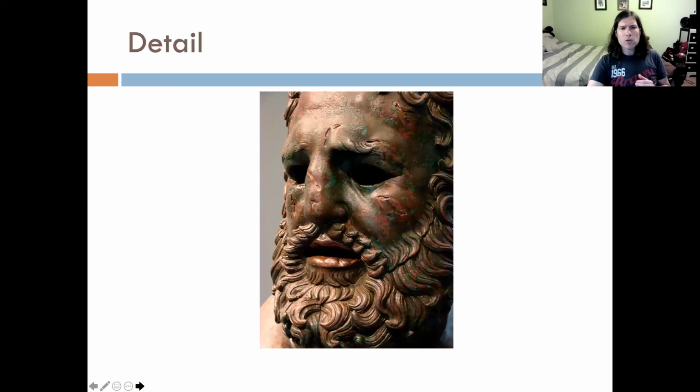Now I want to look at a close-up of his face, okay? Several of those scars that you can see there, that's not just damage that happened later on. That is actually original to the sculpture. The artist put those there.